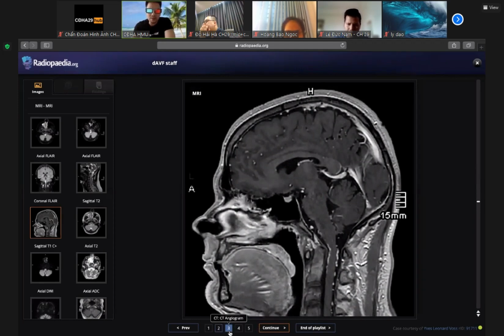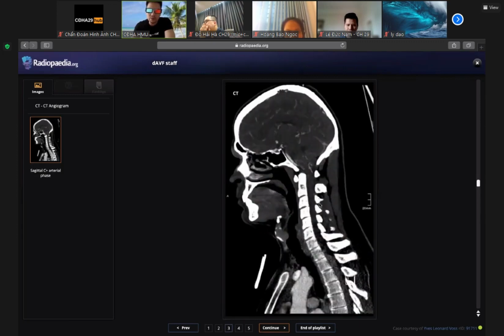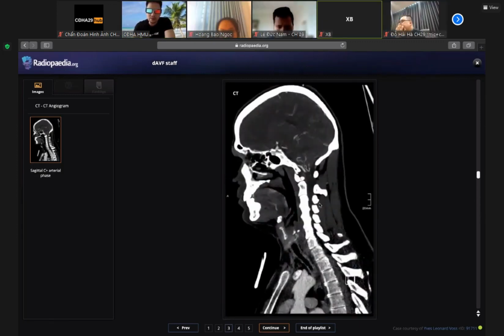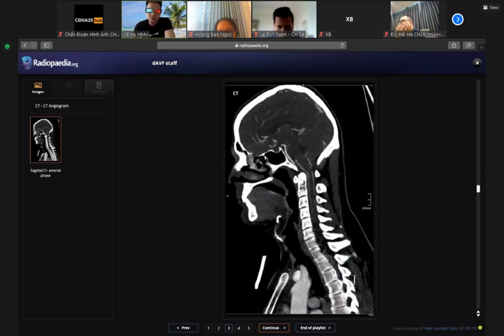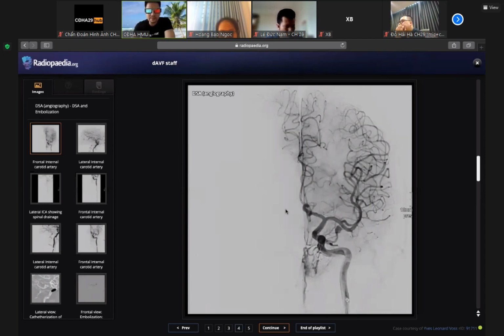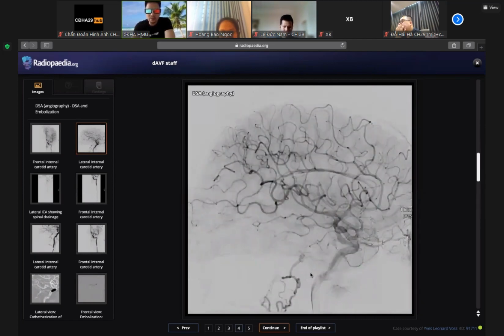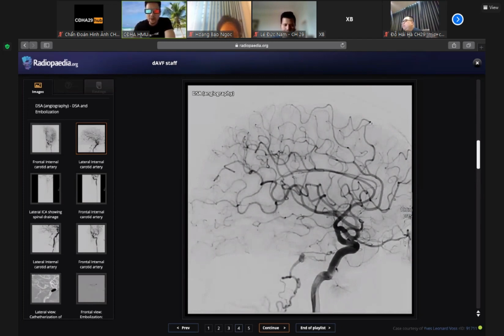And on the CT angiogram, we also see the dilated vessel. We don't see clearly the intraparenchymal nidus. And on the DSA, we see the site of the fistula, which is fed by the arterial branches from the ICA, right?